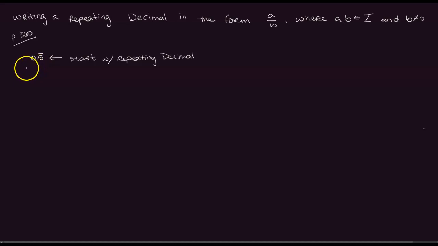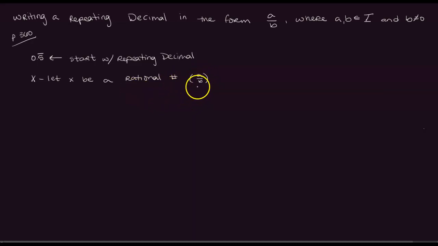To do that, the first thing we're going to say is, let's let x be a rational number, meaning it's of the form a over b. So we learned that in chapter 6, that rational numbers are fractions. They're a over b.